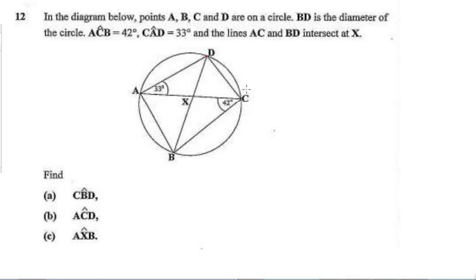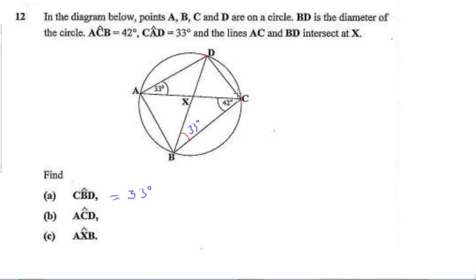They're both coming from D and C. So these two angles are equal. If that is 33 degrees, it means that this is also 33 degrees. So CBD is equal to 33 degrees.